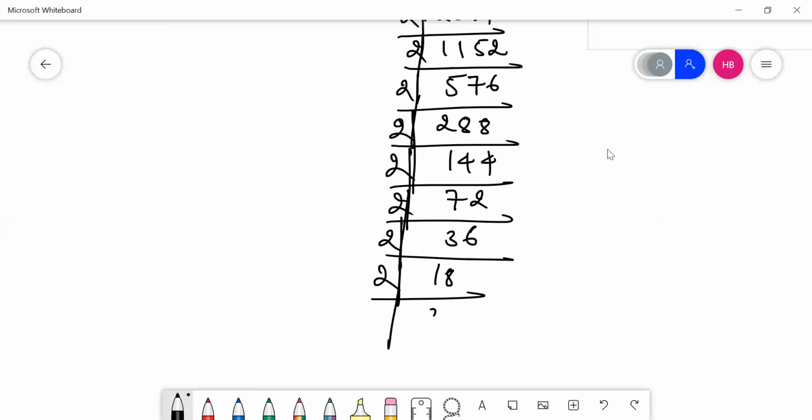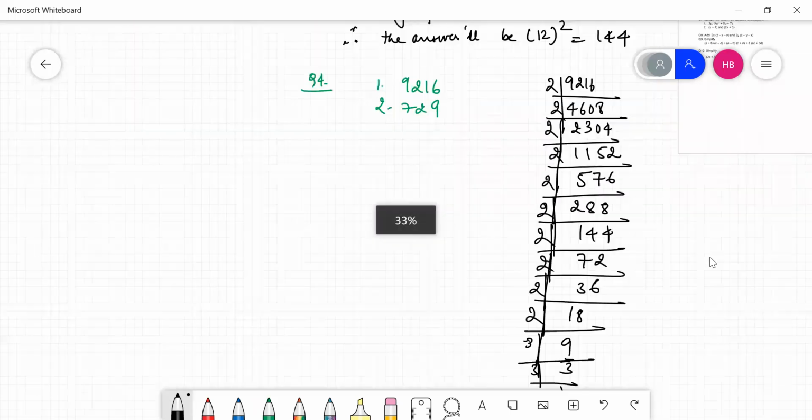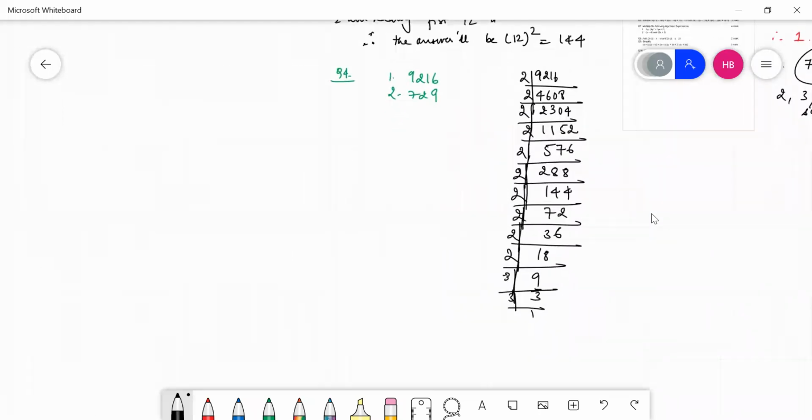Again, divisible by 2, and we get 9. Now 9 is not divisible by 2, so it can go by 3. 3 ones are 3. So it is such a big prime factorization.